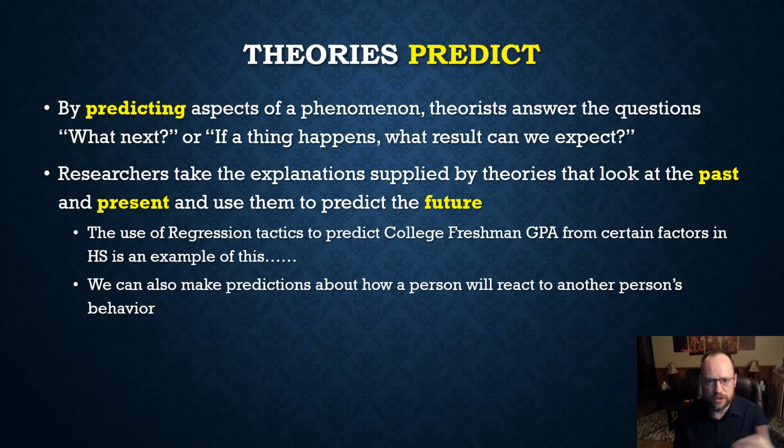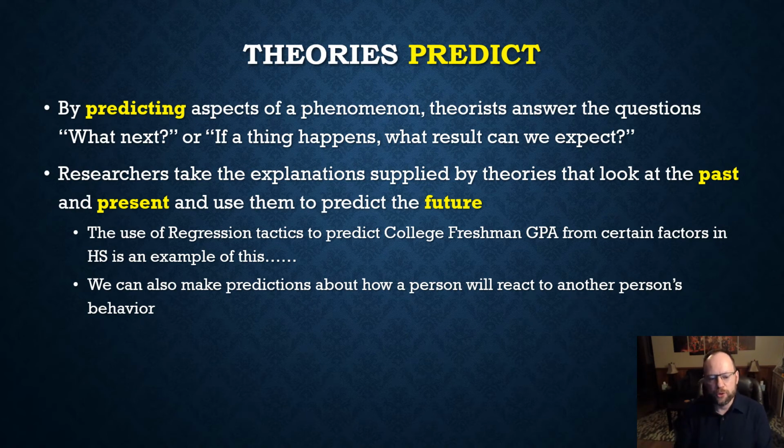They'll use regression analysis, statistical analysis, and they'll take things like a student's cumulative GPA in high school, their ACT, SAT scores, maybe their cumulative GPA in different STEM classes that they took, and they'll crunch the numbers, and based on those numbers they can predict what a student's first year college GPA will be. And if that number is below their threshold of acceptance, they don't accept the student, but if it's at or above whatever their threshold is, they will accept the student.